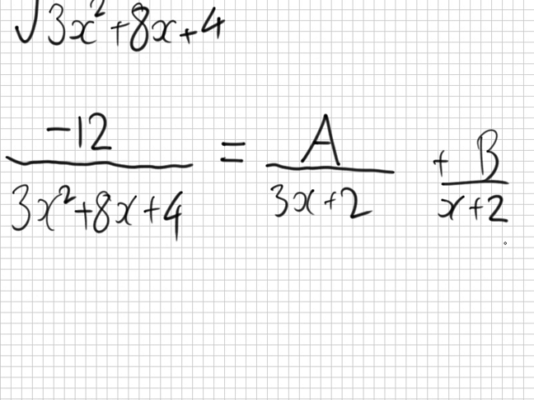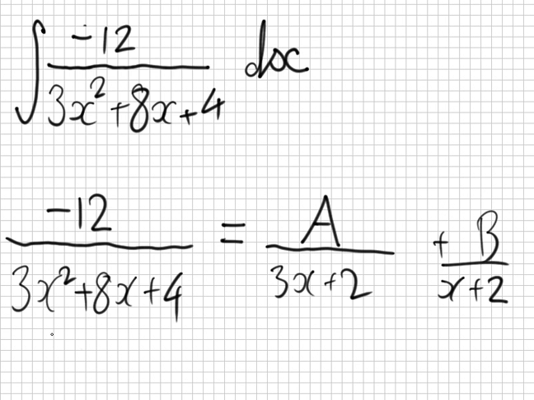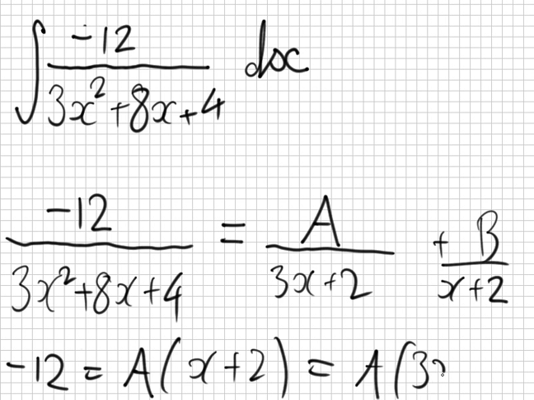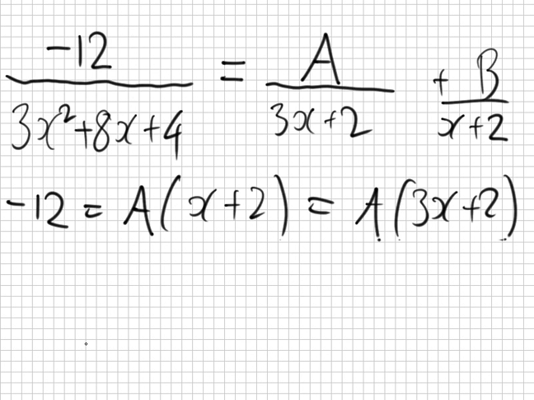Now, we have done plenty of these. We've spent a lot of time on them, so let's go through it. First, we multiply across by the denominator, and I'll get this. Then what I do is I say, let x equal minus 2.